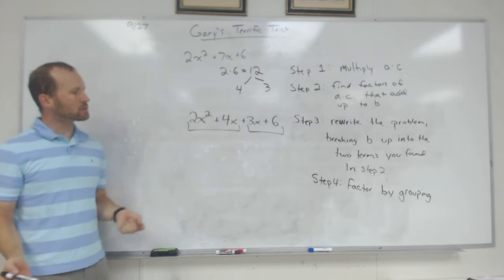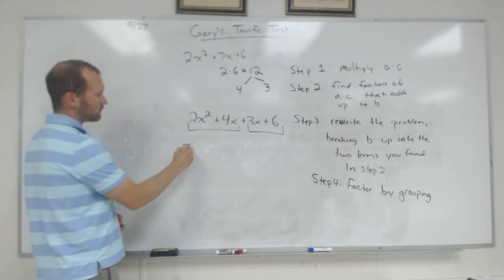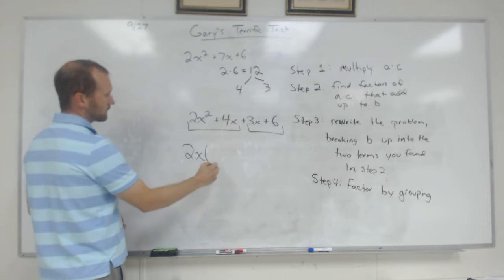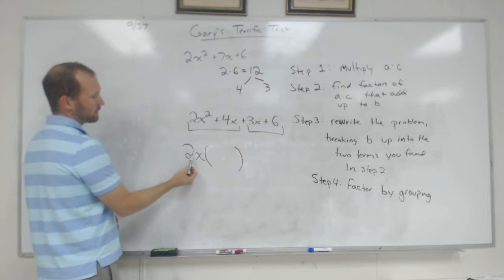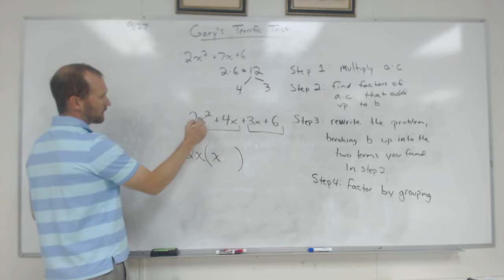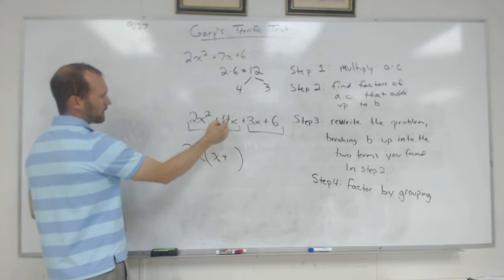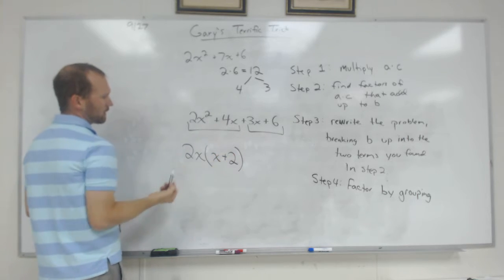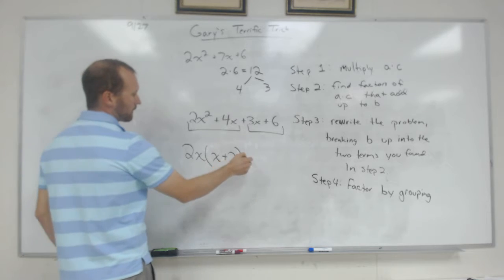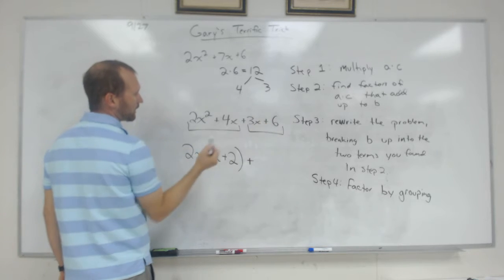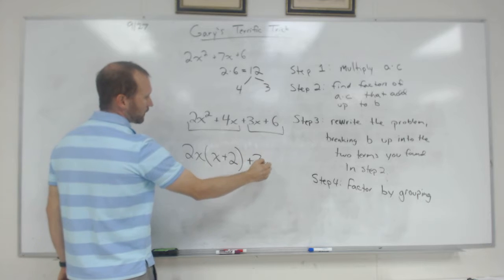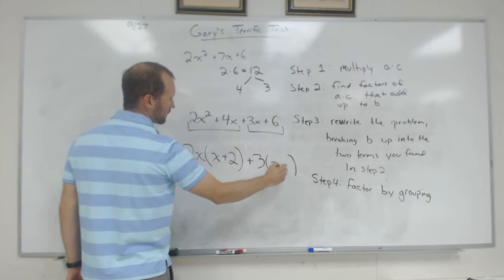What could I pull out of the first 2 terms? 2x, leaving x plus 2, because 2x times x would give me 2x squared, and 2x times 2. Good. Plus, in the second half, what can I pull out? 3. And what's left in the parentheses?